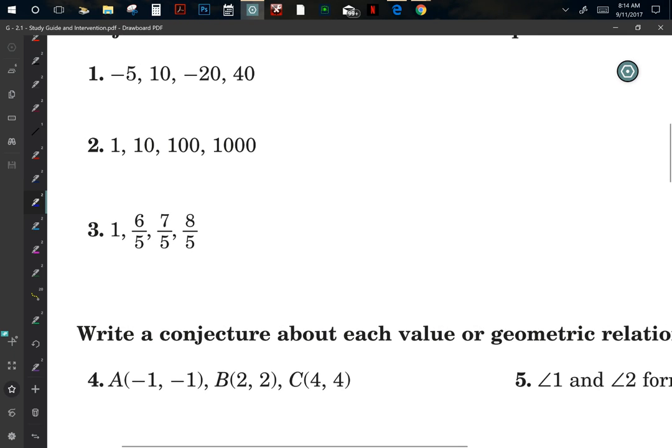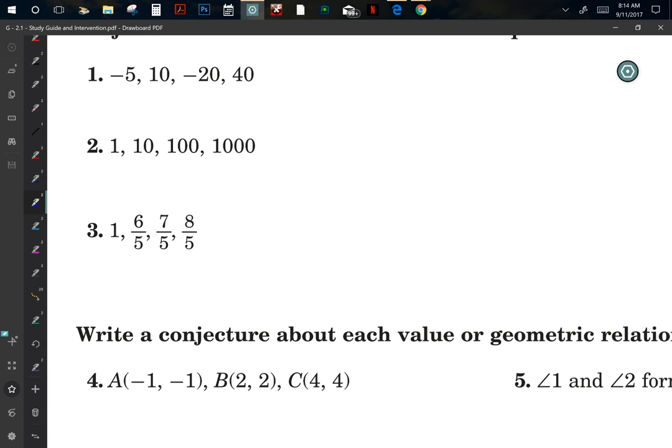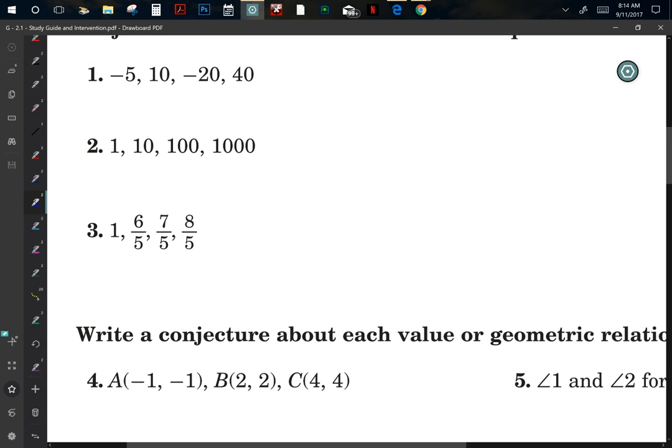Okay, -5, +10, -20, +40. Well, sometimes it's better to look at the numbers and then look at the signs. If you were just looking at the numbers, what does it seem like you're doing from here to here? Multiply by 2. I hate using that sign, so we're going to say times 2. To get from here to here, I still multiplied by what?